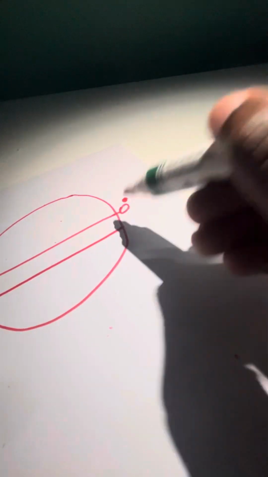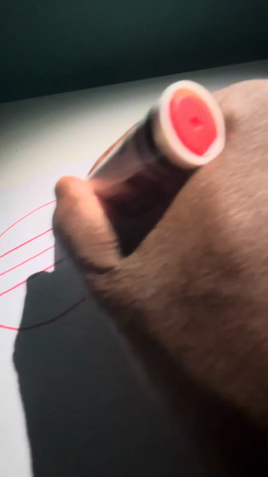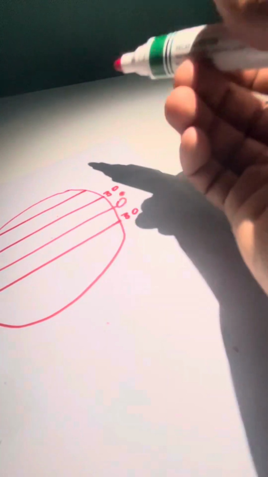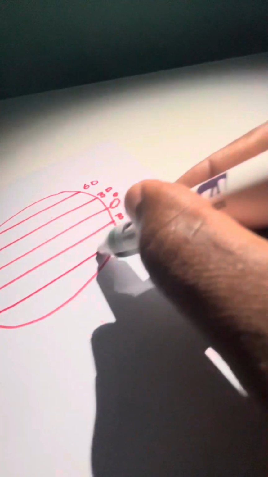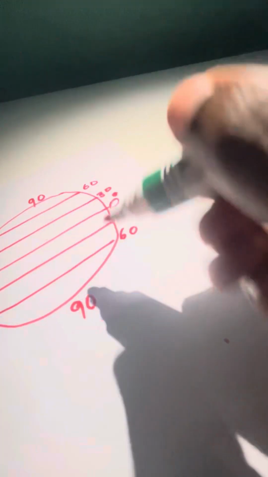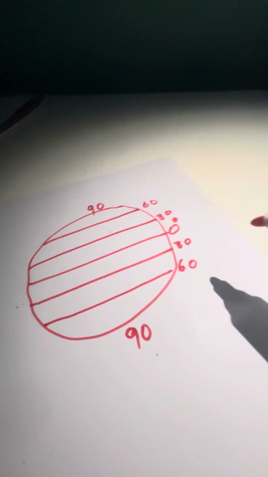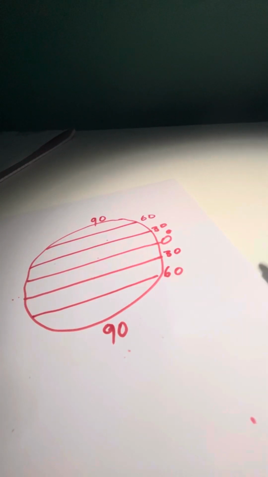We've got subtropical at 30, another subtropical at 30, subpolar at 60, and polar at 90. So you remember in grade 11 you learned all these pressure belts.